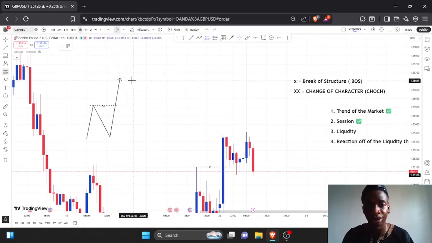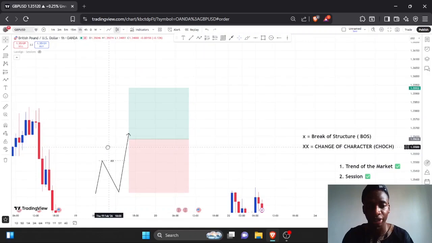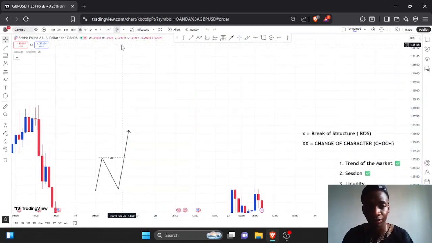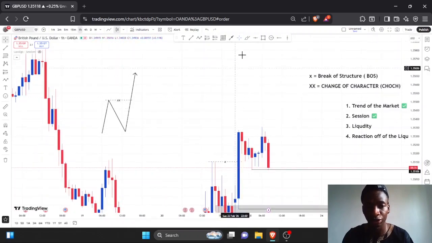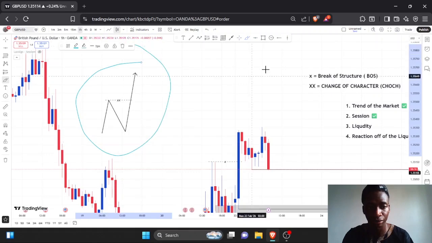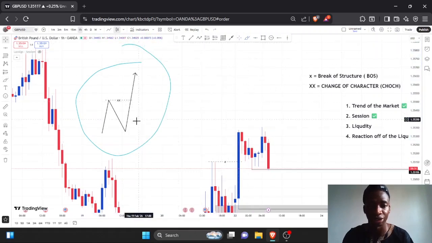Our stop loss is going to be beneath the previous liquidity, the ending of the candle. We're going to be targeting the next previous high. The reaction is going to be a change of character. So we're waiting for a change of character.